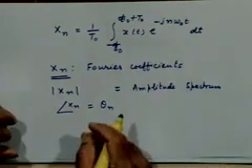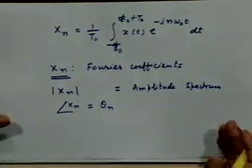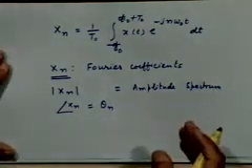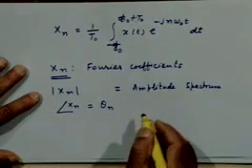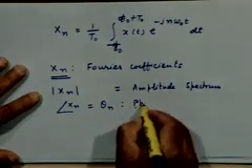So if I plot x of n against n, it will be a discrete plot in the form of lines. It will be a line spectrum in this case. If I plot mod of x of n against n, that gives me the amplitude spectrum of the signal. If I plot theta n against n, that gives me the phase spectrum of the signal.